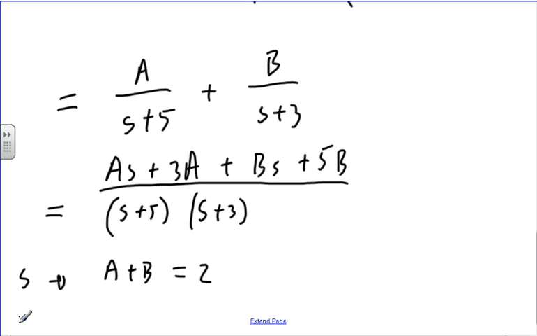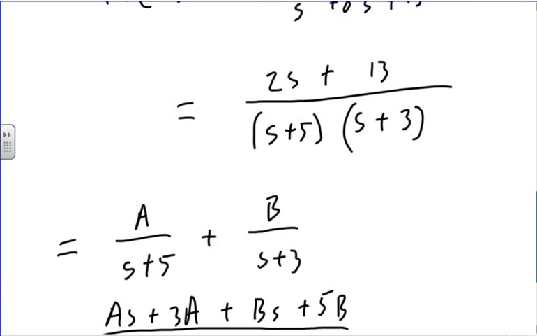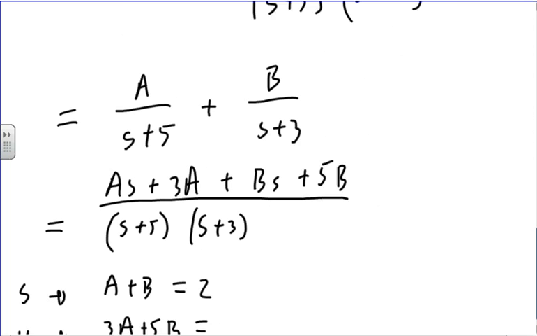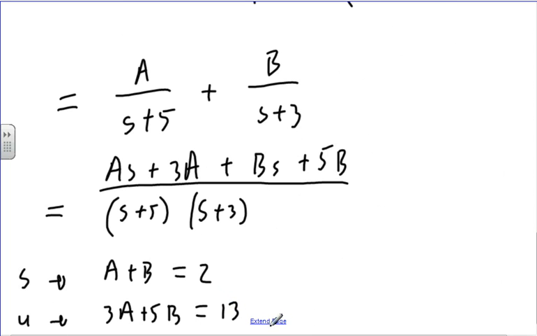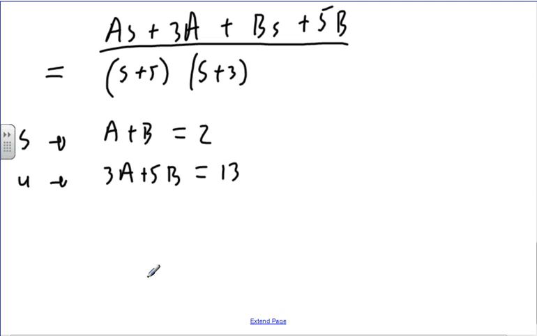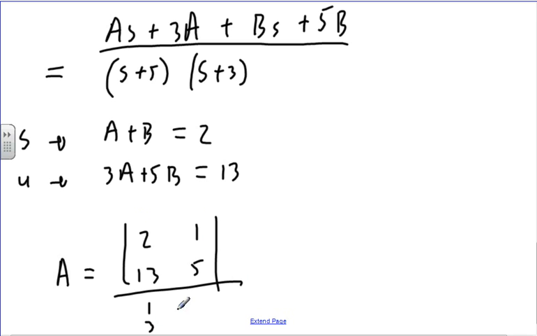And the unit term is 3a plus 5b, and that's going to have to equal 13. And now all I have to do is solve for a and b. Well, let's see. A is equal to 13 minus 15 divided by 5 minus 3.